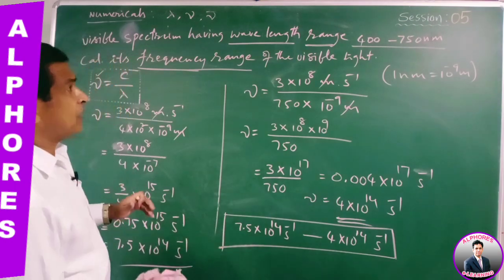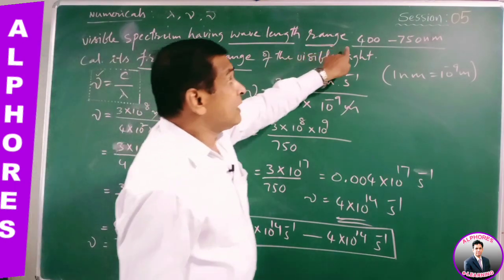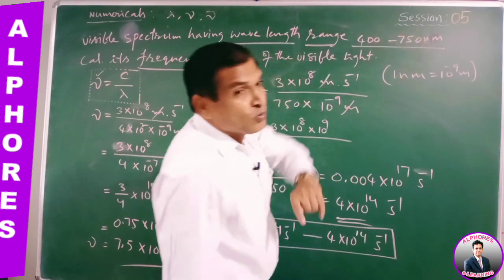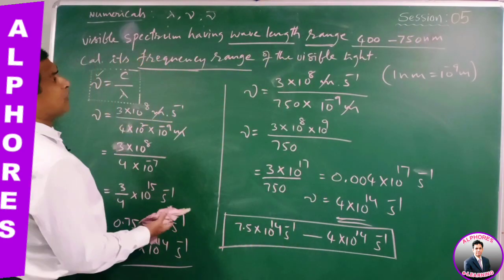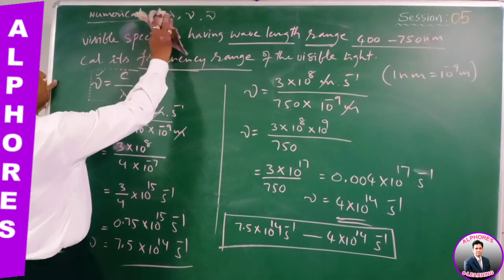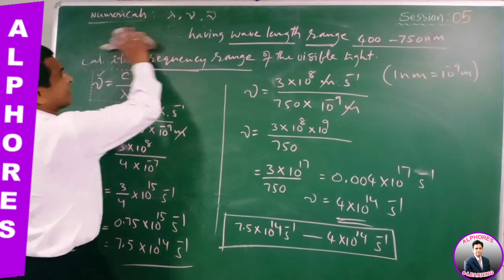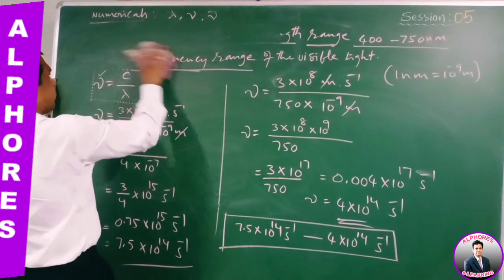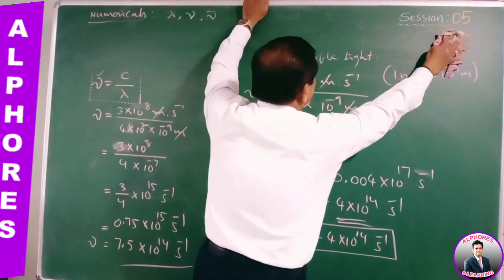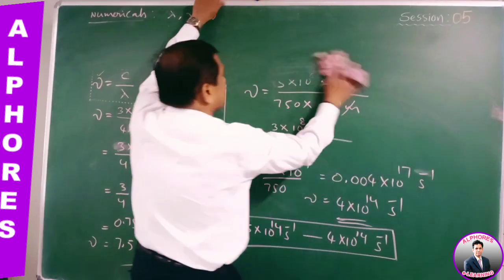So violet to red is the wavelength range of the visible spectrum. This point can also be noted as an important point for objective examinations. Okay, so this problem is over. So we can calculate different frequency, wavelength and wave number.